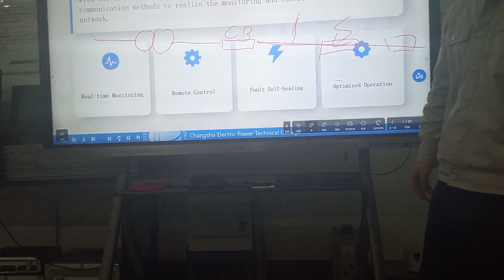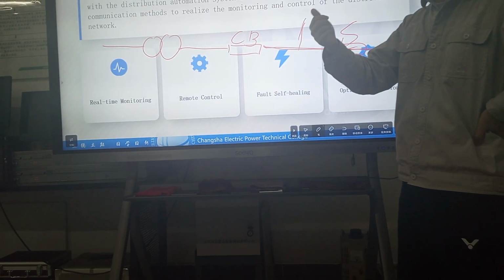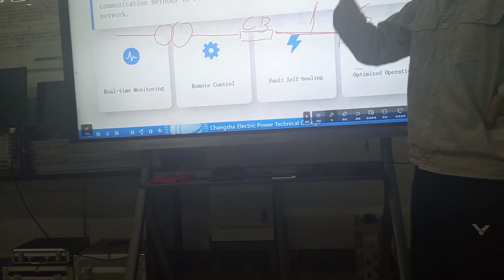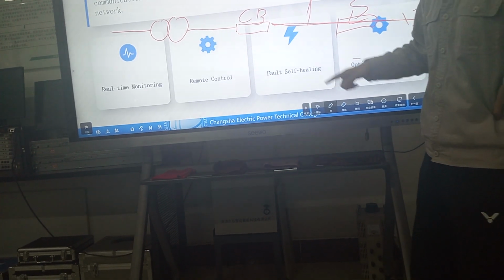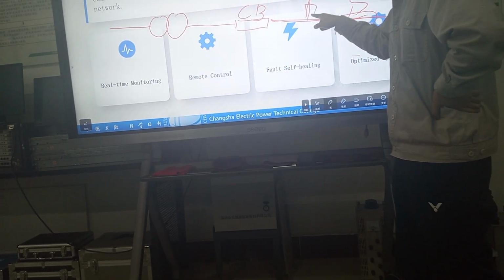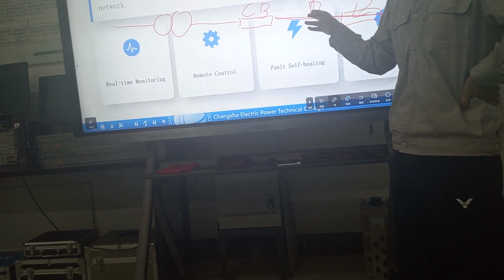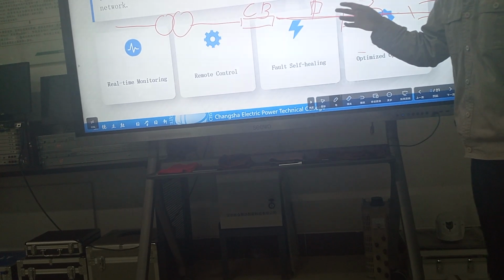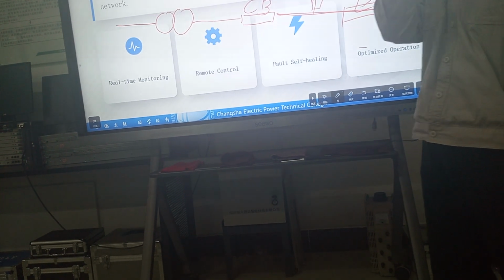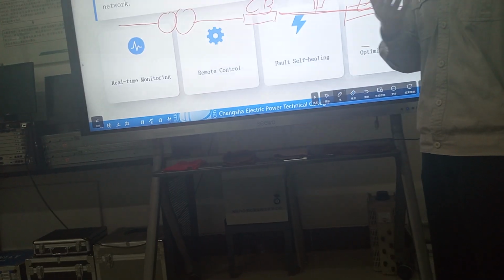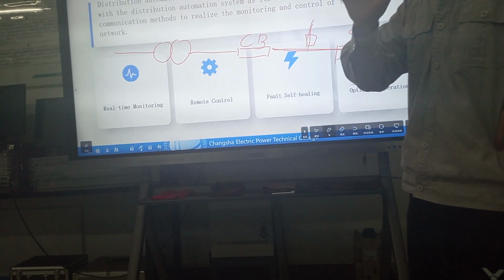And if we really want to realize the enhancement of the reliability of a distribution network, we have to put circuit breakers on the branches, right? On the branches. So, what is the major challenge or problem when we want to extend the relay protection into the distribution?